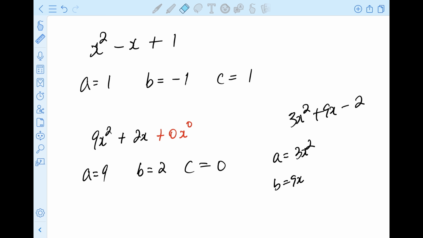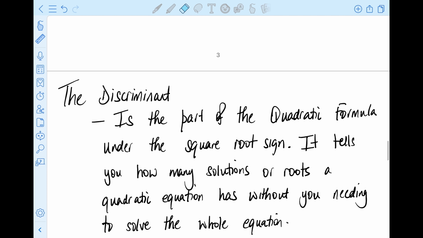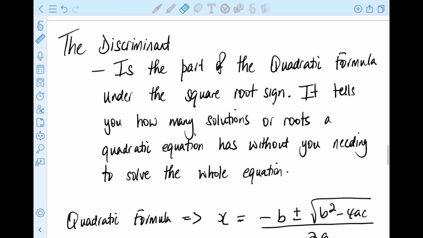That's not correct. I said that incorrectly. A, b, and c are coefficients, not variables. Very, very important. Okay, so now that we've done that, I can now talk about what the discriminant is.